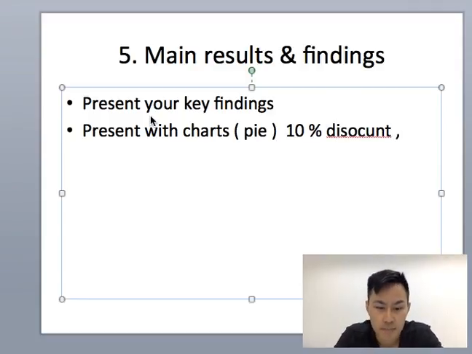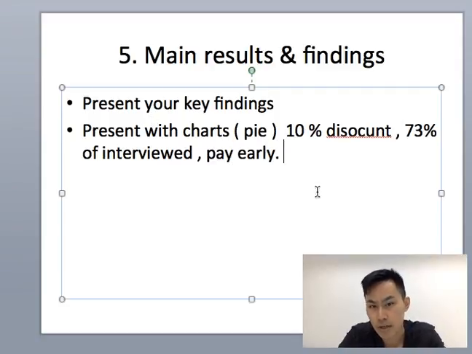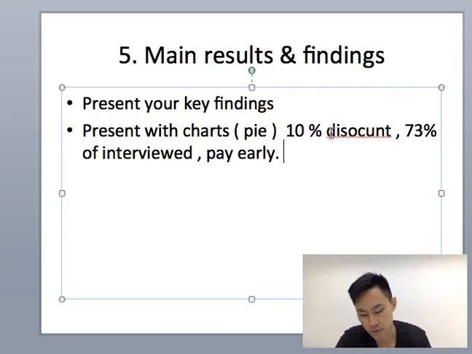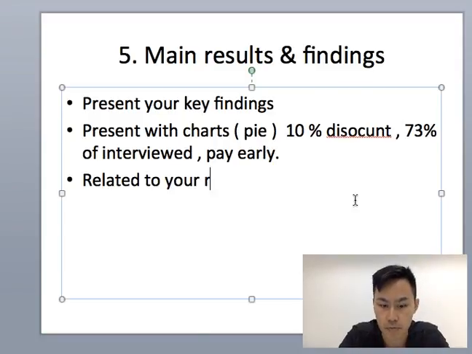Oh, actually, 73% of the people interviewed will pay early. So you can draw a pie chart for that. Yeah. So that is one example. And of course, make sure your key findings are always related to your research question.